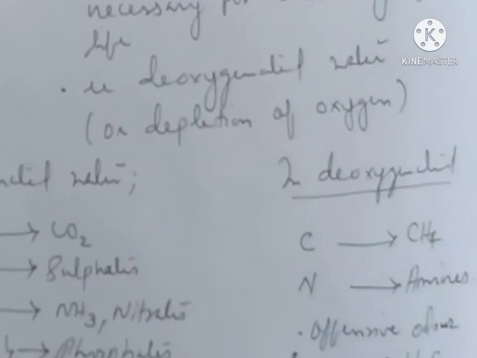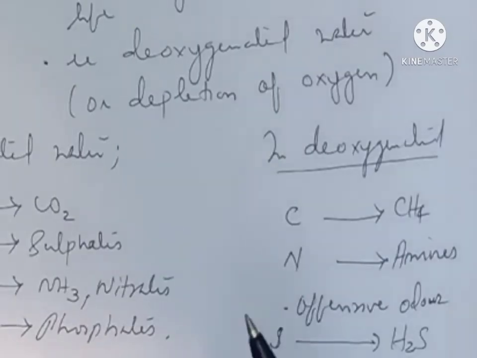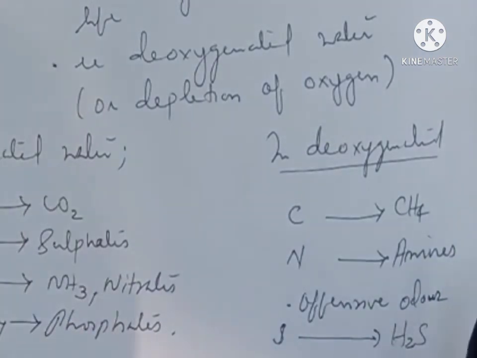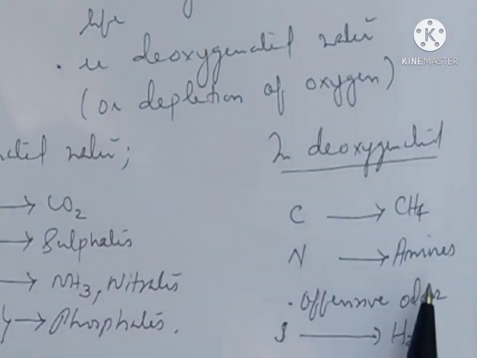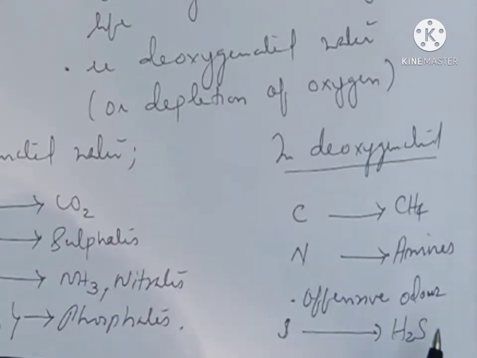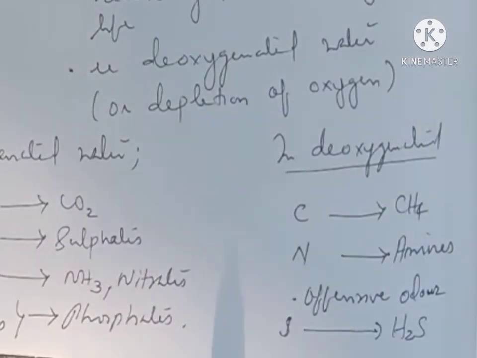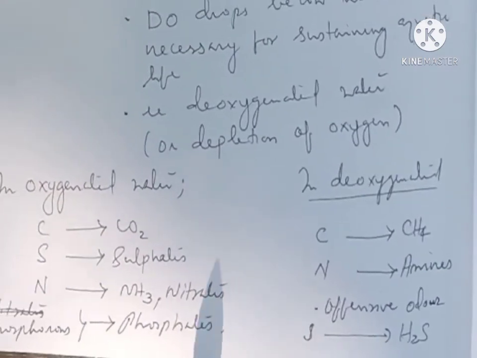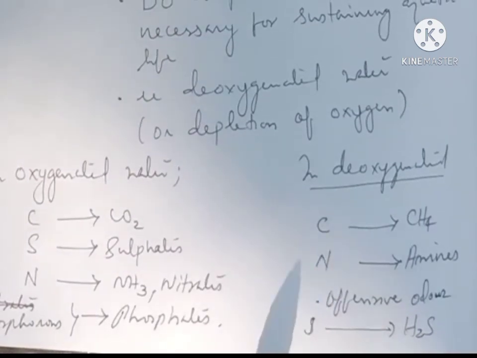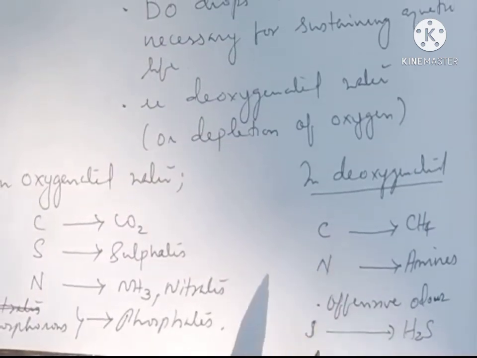But in deoxygenated water, instead of these conversions, carbon is converted into methane, nitrogen into amines, and sulfur into H2S. And the amines and H2S produce a very offensive odor, and these produce toxic effects also. So the survival of aquatic life becomes difficult.